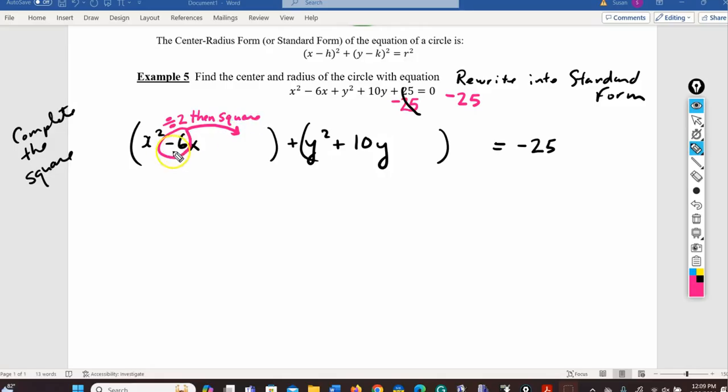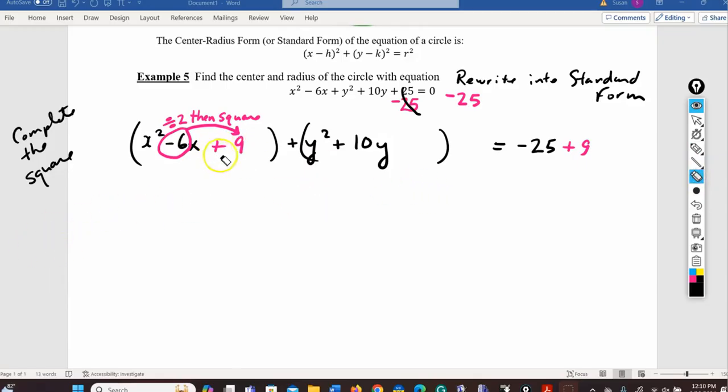So negative 6 divided by 2 is negative 3, and negative 3 all squared is positive 9. But what you do to one side, you must do to the other side to have equality. So I started with negative 6, divided it by 2, and then squared it. Negative 3 all squared is positive 9, so that's where the positive 9 came from. That is the process of completing the square.